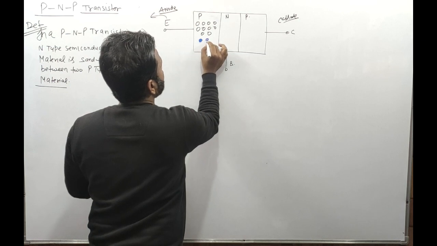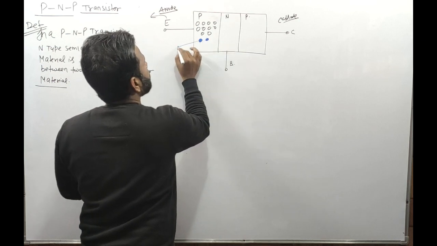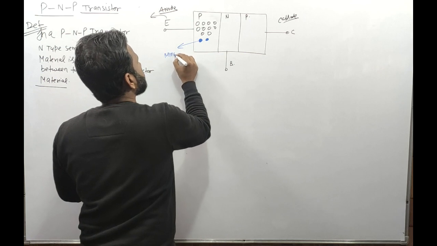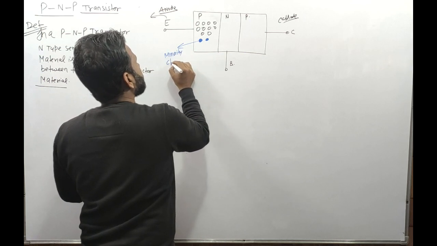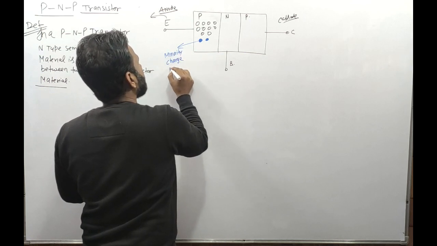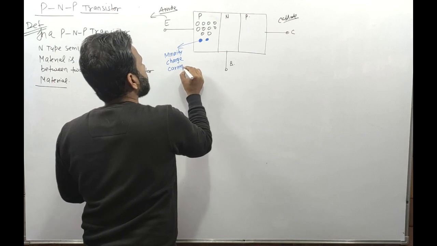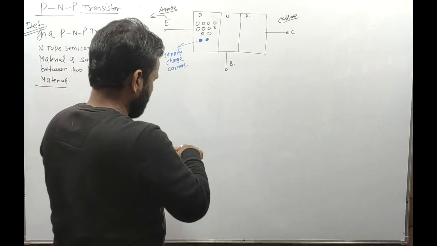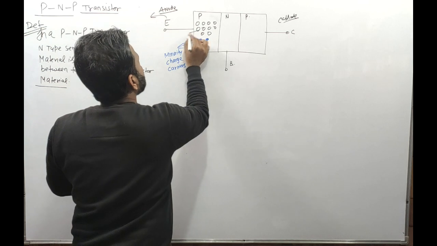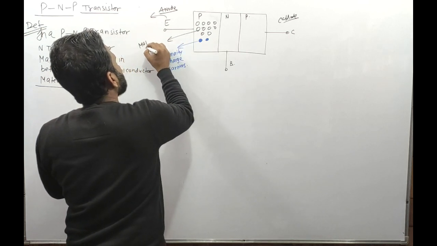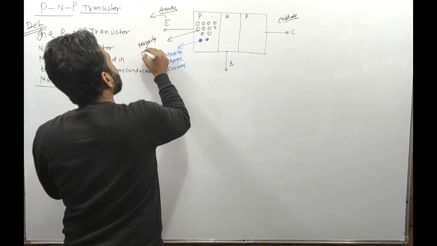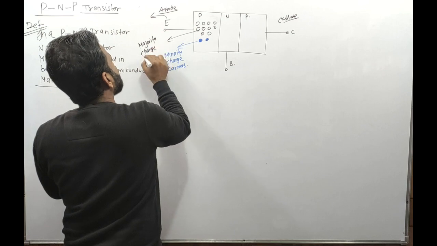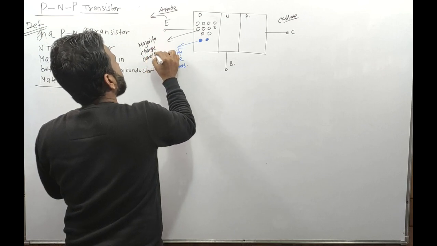This is minority charge carriers। okay, so this is minority charge carriers, and the black one is called the majority charge carriers, ठीक है बेटा यहाँ तक?